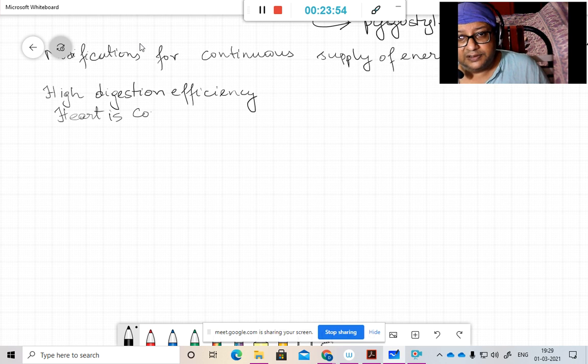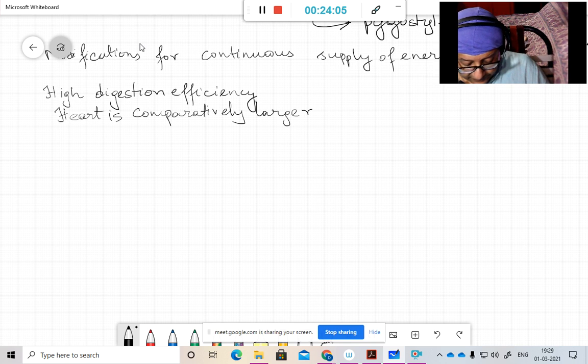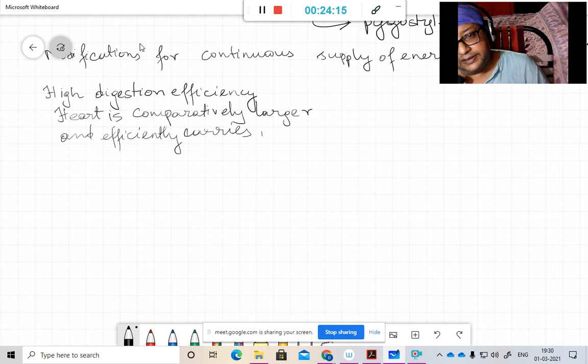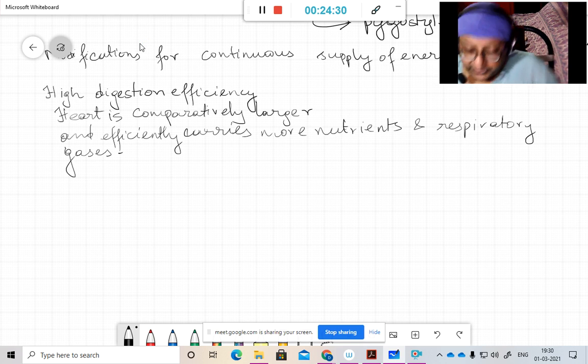Heart is comparatively larger, and efficiently carries more nutrients and respiratory gases.